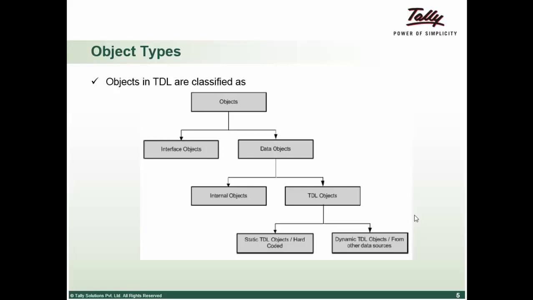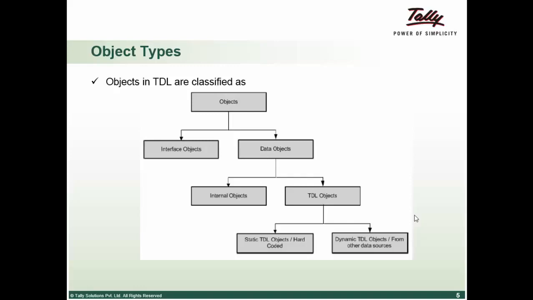Now we would be discussing the data objects, which are further bifurcated into internal objects and TDL objects. And then in TDL objects we have static objects and dynamic objects.